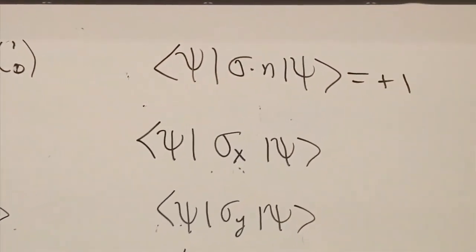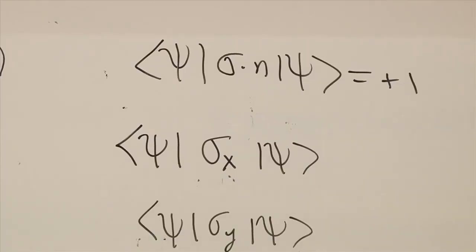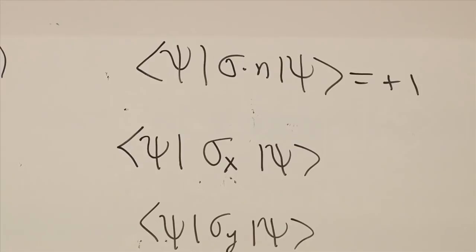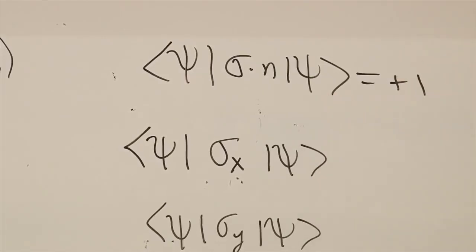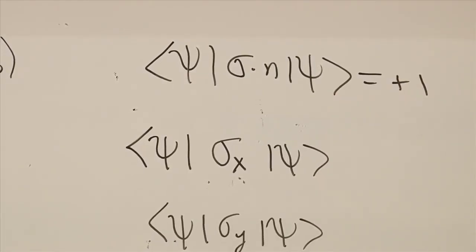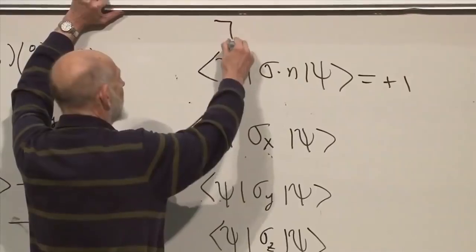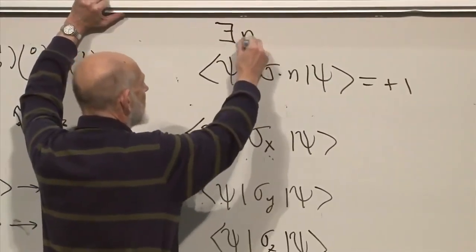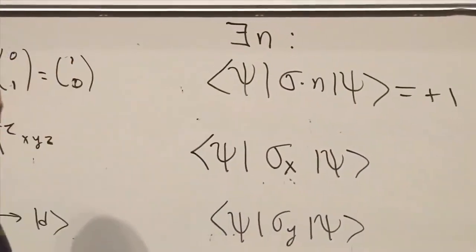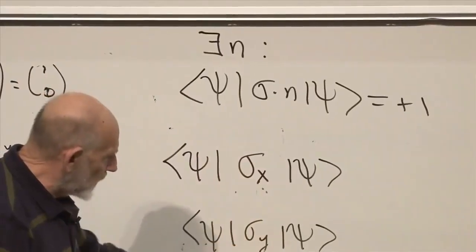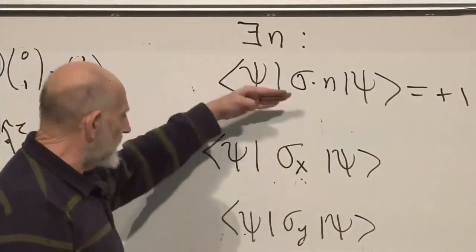If sigma dot n is definite, if it's known and there's no ambiguity about it, then the average is just equal to the value that it's known to be. So for any psi, there exists an n such that this is true. Therefore, it cannot be true that all of these can simultaneously be 0 for a state of a single spin.